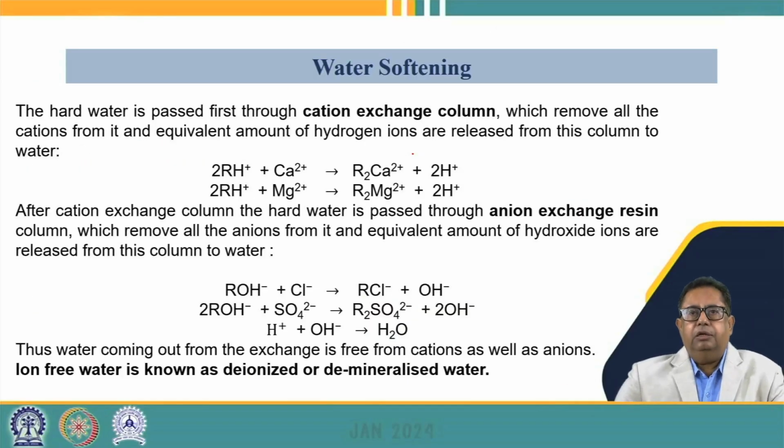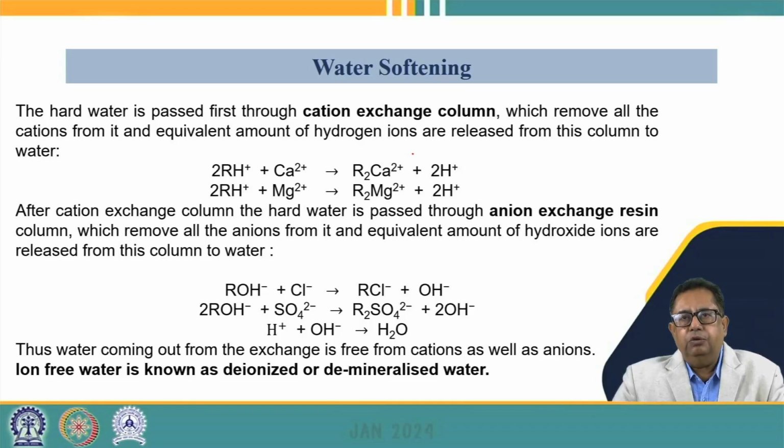Another very common application for the ion exchange column is to demineralize the water. That is, it not only removes the cations in the column, but also removes anions, and this water is known as deionized water or demineralized water. So it is free from all the ions.